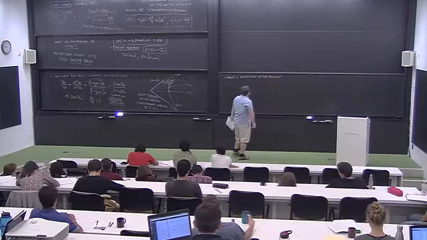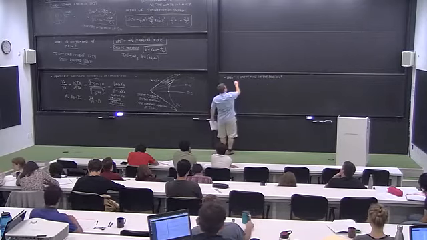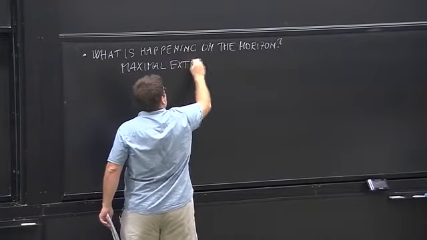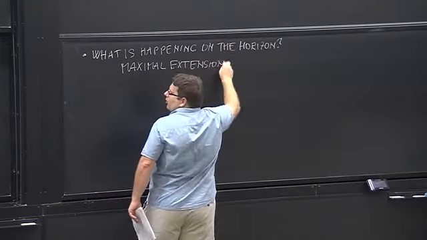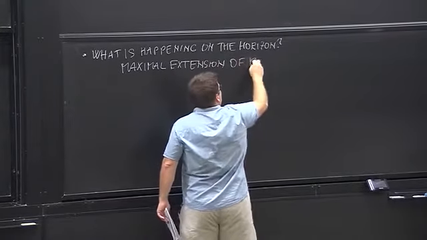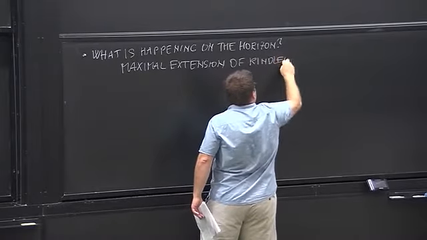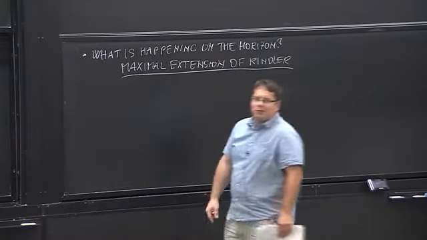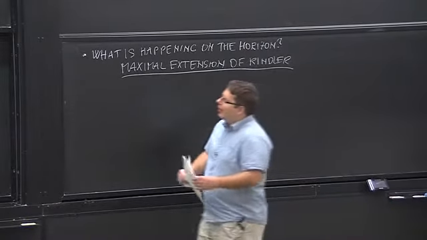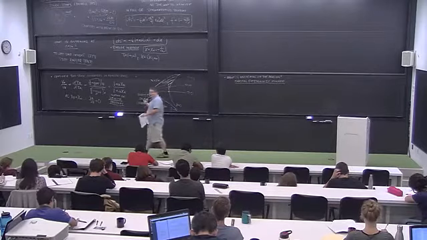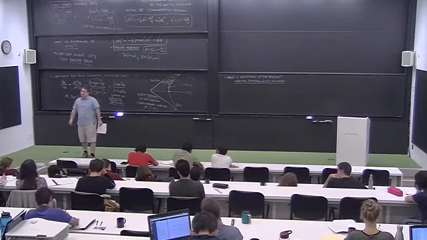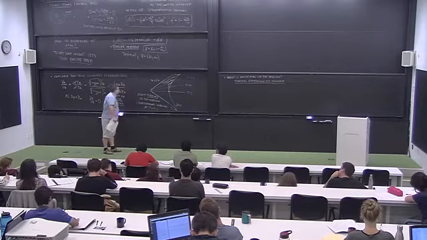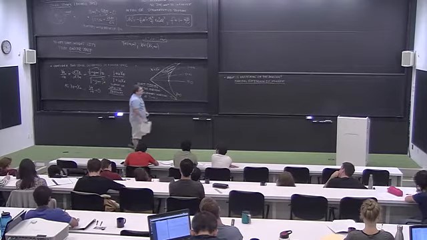And whatever I'm going to discuss now is also called the maximal extension of Rindler. Whenever you want to know what's happening close to a surface where strange things are happening, the best way is to shoot some geodesics at that surface and see if these geodesics can survive going through it or not.